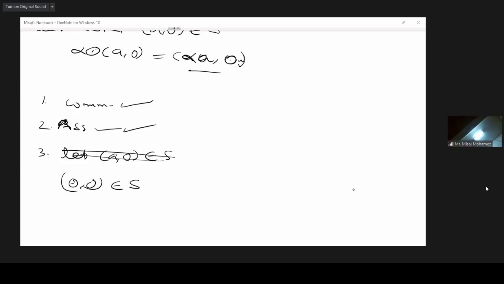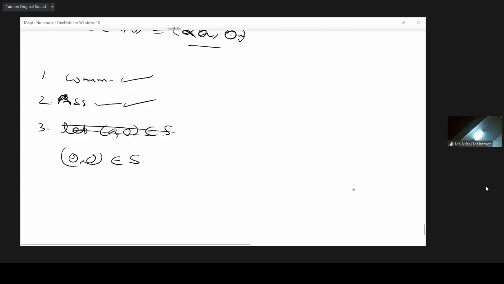Right. 0, 0 is in S. That is clear. Therefore, identity exists in S.